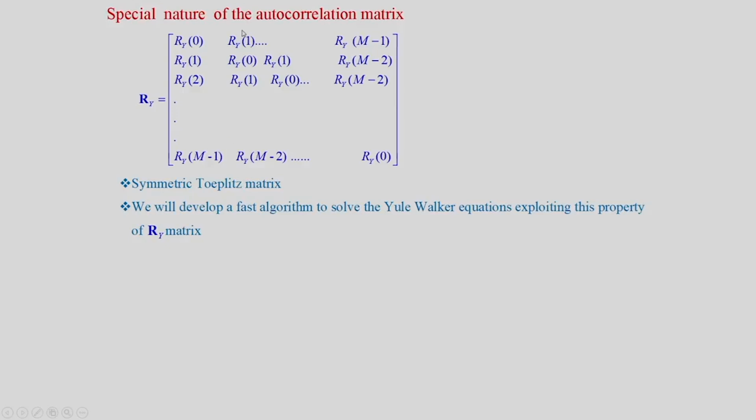Moreover, this matrix is symmetric because the autocorrelation function is symmetric. Because of that, this matrix is also symmetric and Toeplitz. We will develop a fast algorithm to solve the Yule-Walker equations exploiting this symmetric Toeplitz matrix property.